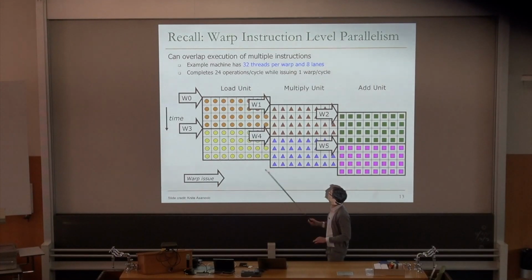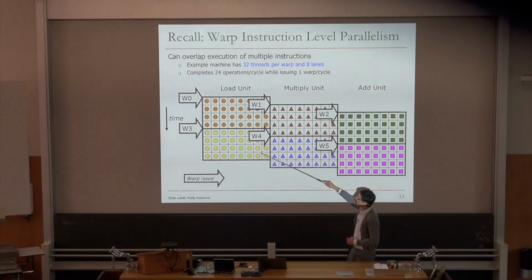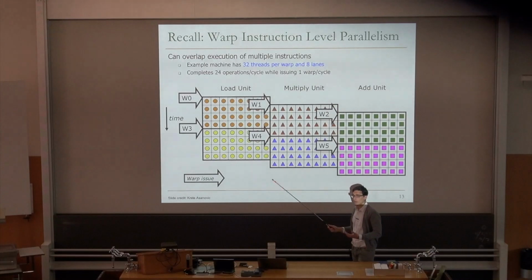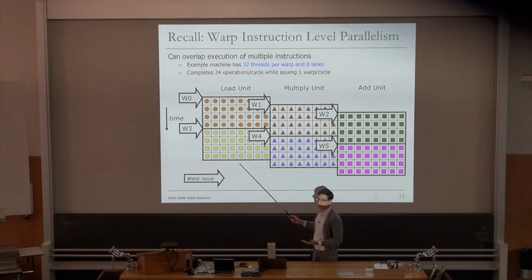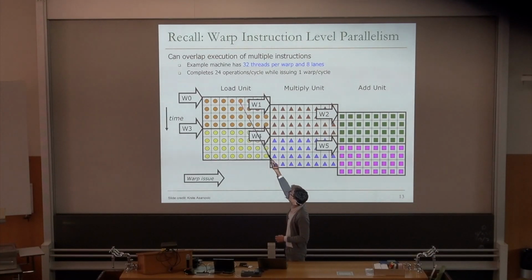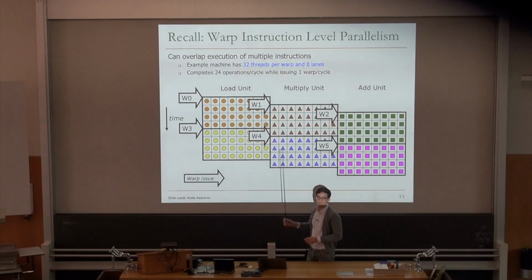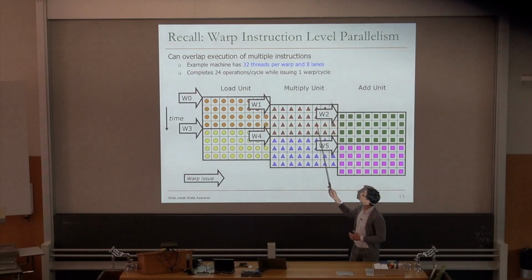Observe that the fact that we can have concurrent execution on the different units is also the way that we are going to hide the long latency operations. As you can guess, these accesses to memory that are started in the load unit take longer than the execution of a multiplication or an addition.